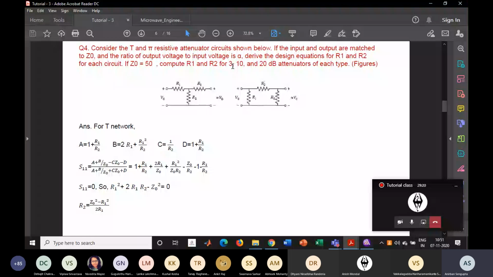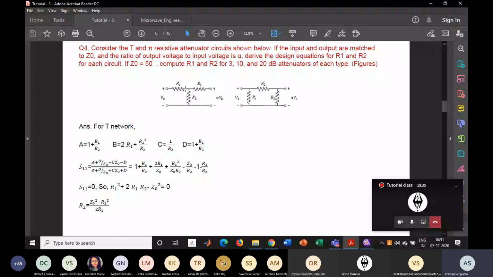So now the question is, for these attenuation levels 3 dB, 10 dB, 20 dB, what will be the values of R1 and R2 from these two circuits?